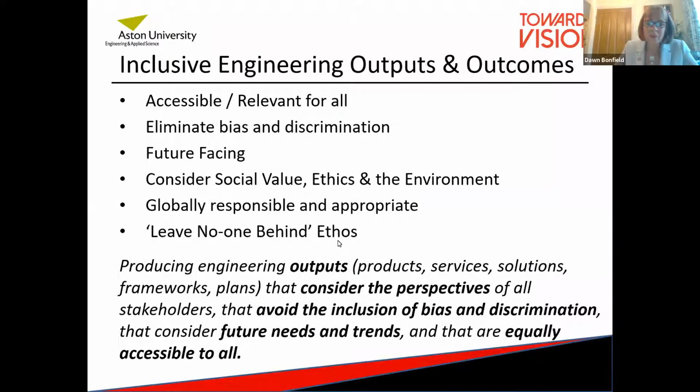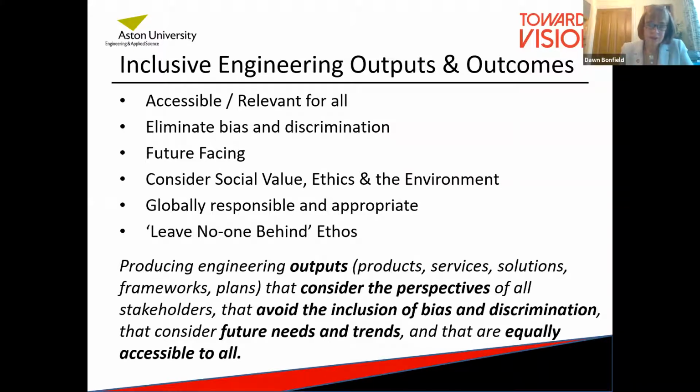So I will get on as quickly as I can. So inclusive engineering outputs and outcomes. So making sure that we are enabling our undergraduate engineers really to understand how they are shaping the world and what their responsibilities are, if you like, in terms of producing frameworks, services, products, solutions that are accessible and relevant for everyone, that don't have bias and discrimination built into them, that are future facing, so we are ready for the future.